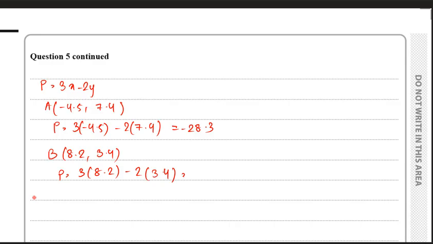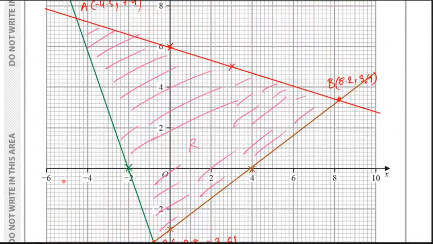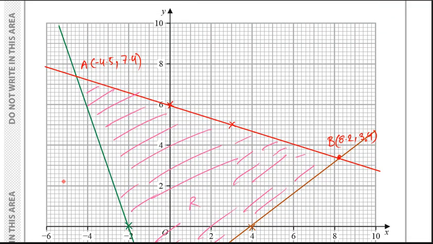This is going to be 17.8. And let's take this coordinate again a bit. So it is 8.2 and okay, this is 3.2, right? So that is 3.2.